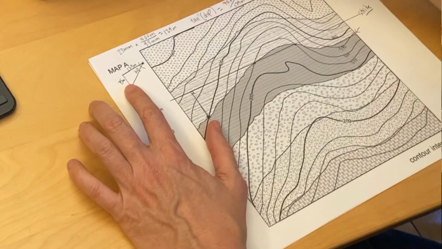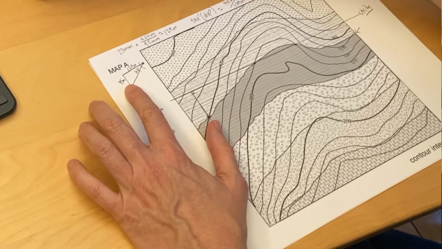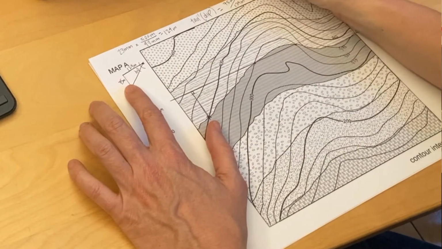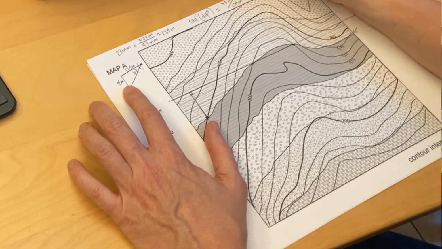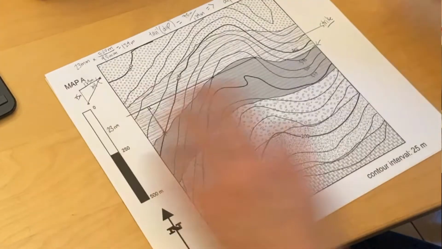So 75 divided by 124 equals... dip is 31 degrees.